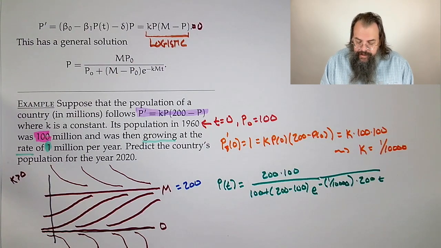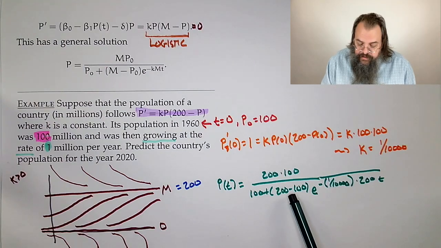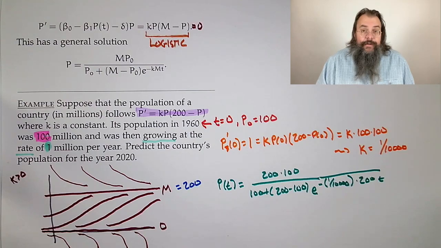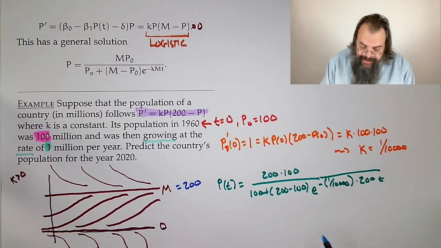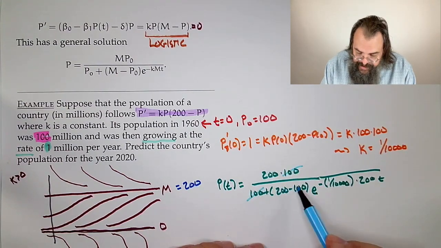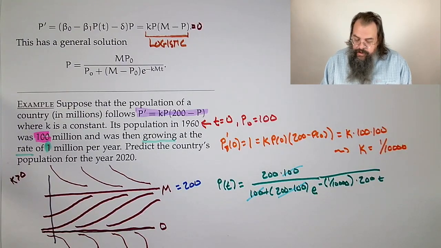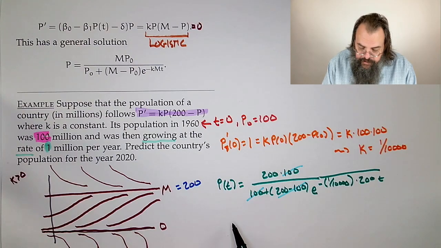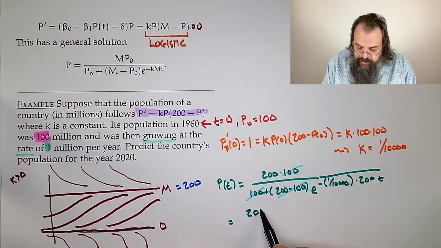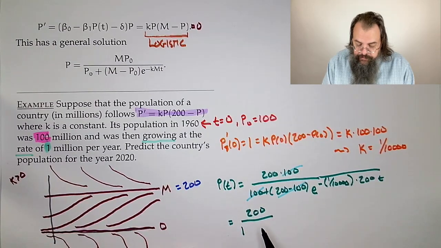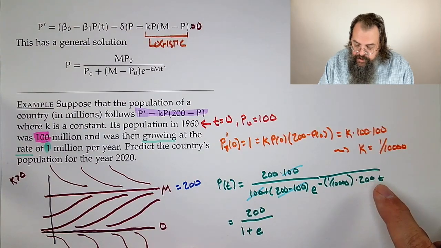Okay, well, we can clean that up. So notice a couple of things. That's 100, that's 100, there's 100. So we can take all the hundreds and we can cancel them out. So we say, nice. So that gets rid of those. And so what do we really have? Well, we have this is equal to 200 upstairs, downstairs 1, that's what is left over after you cancel the 100, and then plus E. Now here we can do a little bit.